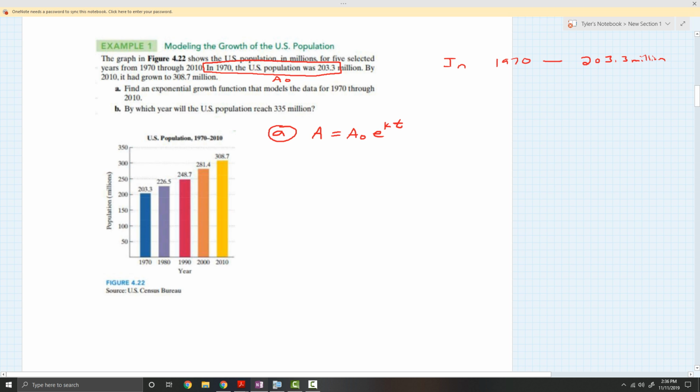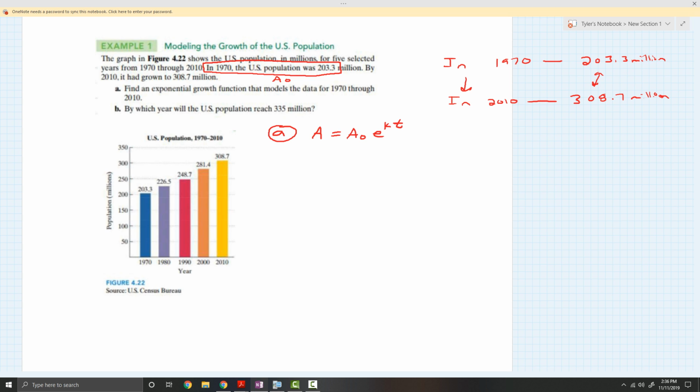And then time happened. So now in 2010, we have 308.7 million people. So you can see that we had growth in between, 203 to 308 million people. We added roughly 105 or so million people over that time period.